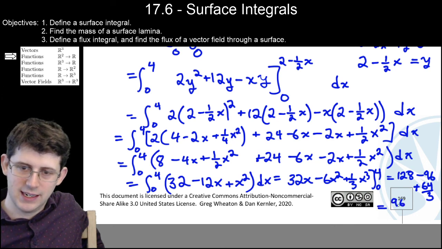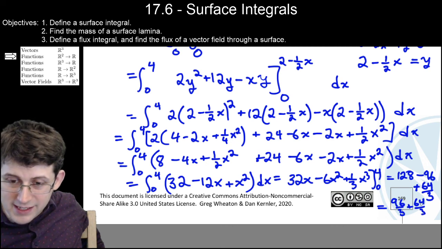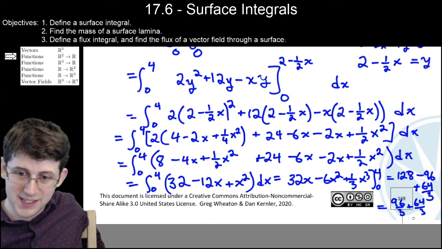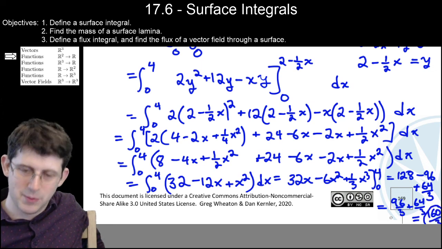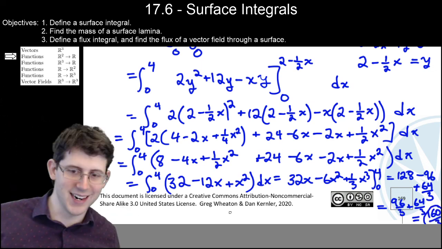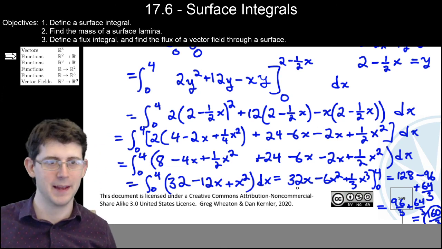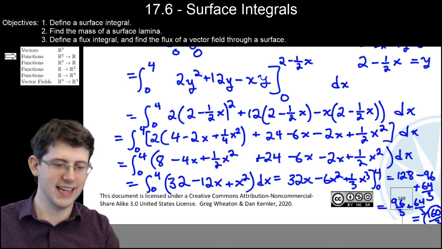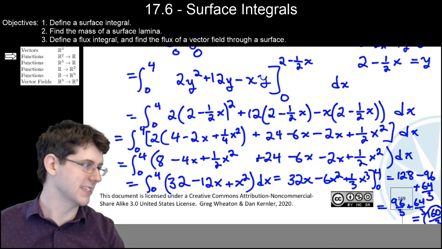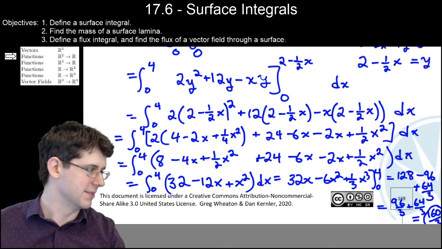So that's 96 thirds plus 64 thirds. It's 160 thirds. I guess I should budget my space just slightly better, and then I would get to have the answer in here. This is a lot of calculating. Let's ask a calculator to do the calculating part for us, just to make sure I got it right.